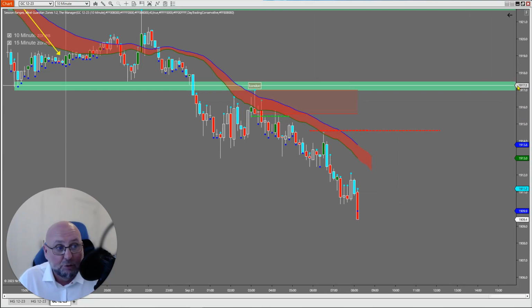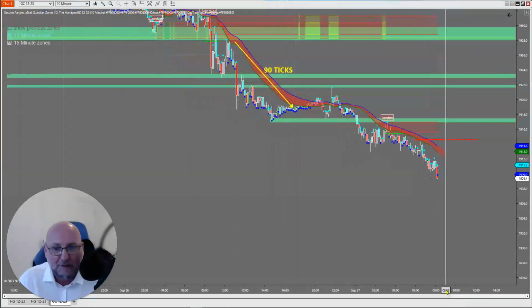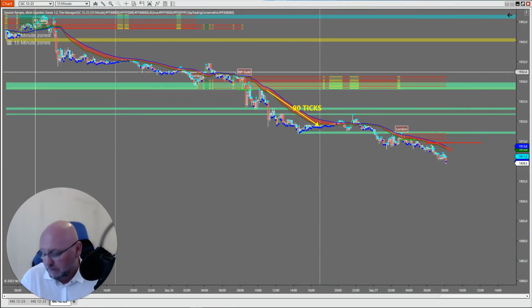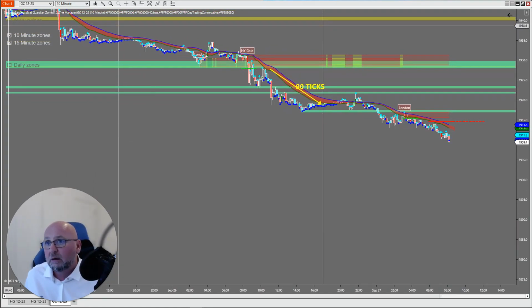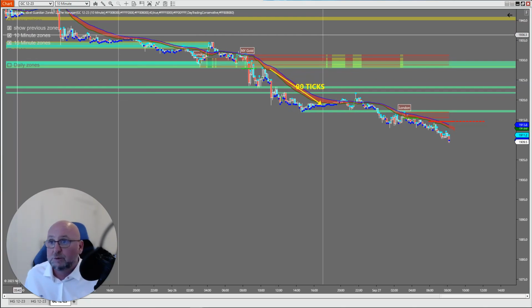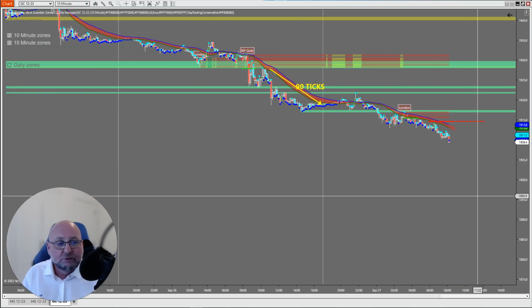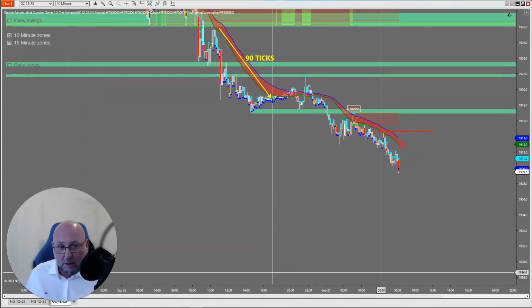For me, I'm looking for more support and resistance, and I've got to zoom out to see where that is, and there isn't a great deal. I've got to probably put the previous zones on there to help me here. And there isn't any, so we're as low as we can go, so there's fresh air. Okay, so this means I can't use support and resistance now.